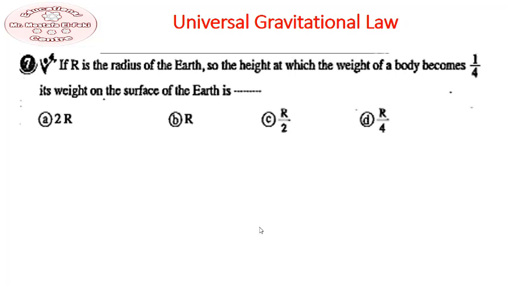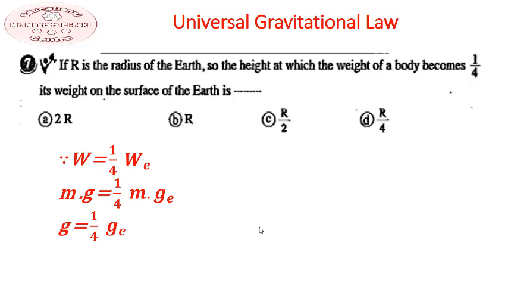If r is the radius of Earth, the height at which the weight of a body becomes 1 over 4 of its weight on the surface of Earth is. Since the weight equals the force, the weight equals mg, which equals a quarter of mg of the Earth, then the gravity or the intensity at this point equals a quarter of the gravity on the Earth.